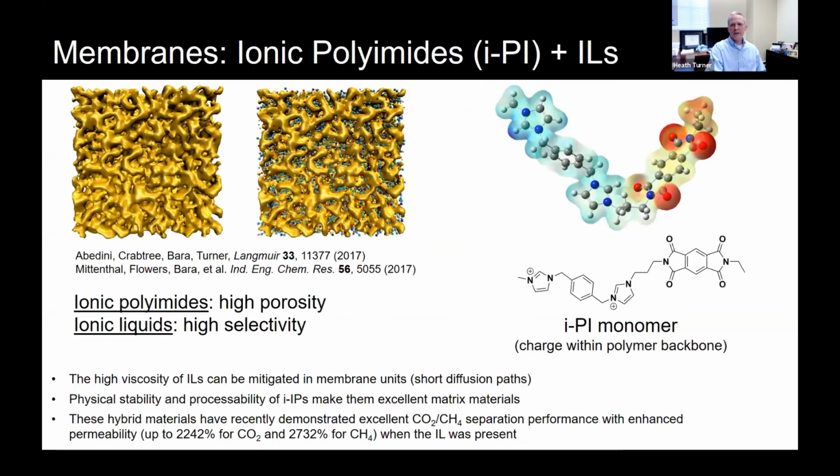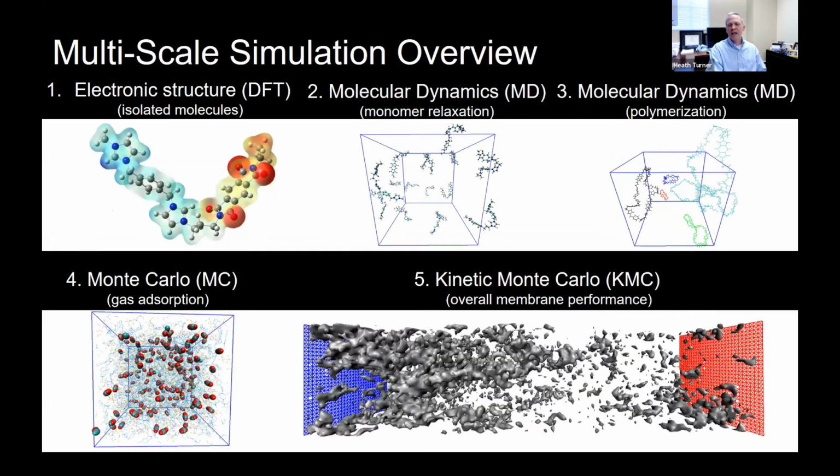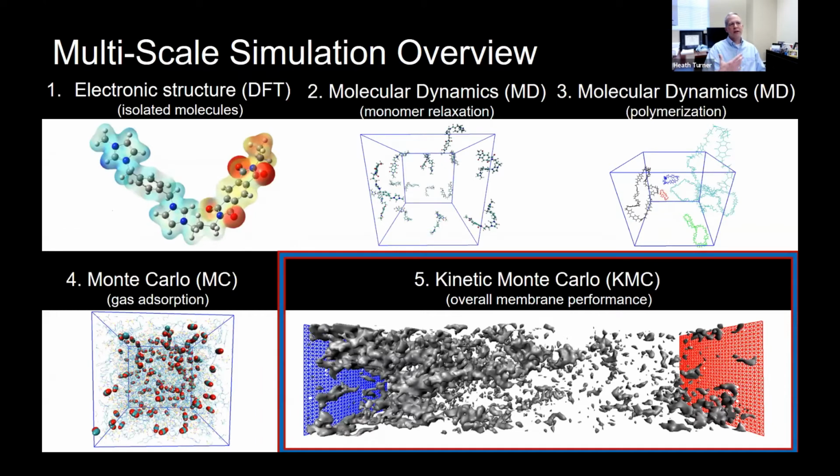So this really gives us two different pieces of information. Number one, the pore size distribution or the pore structure, and number two, this electrostatic information as well. We're now using this to look at membranes that are much more difficult to deal with than some of these liquid solvents. And this is really what I want to focus on in terms of the kinetic Monte Carlo simulations that we're doing.